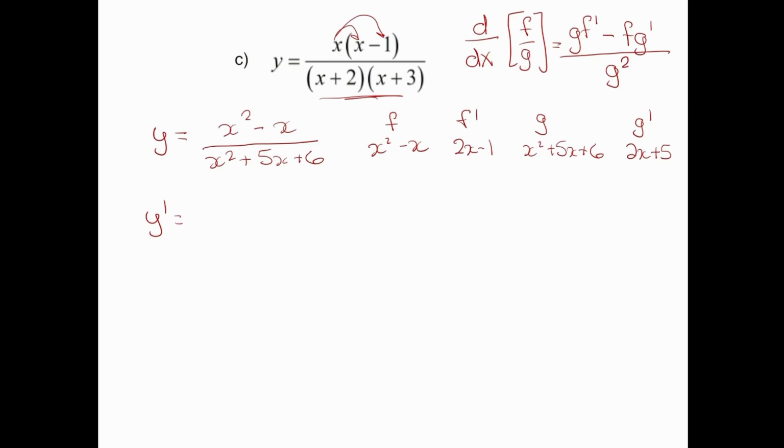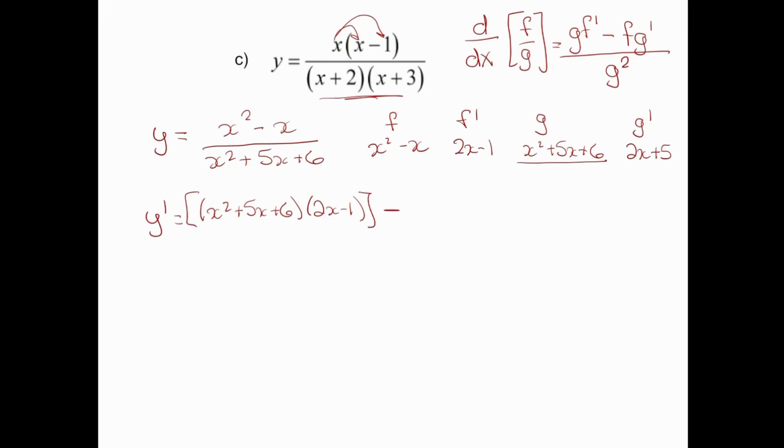So I have low d high. My bottom, which is just my x squared plus 5x plus 6, times the derivative of my top, which was 2x minus 1, minus, I feel like we should have some more brackets around that there.